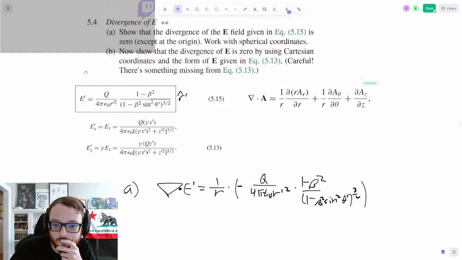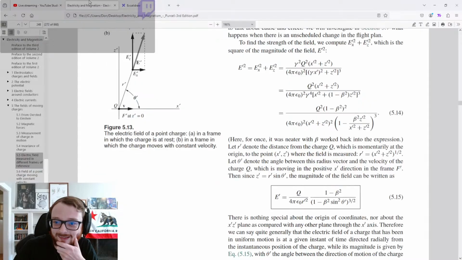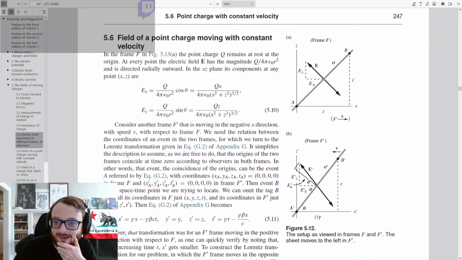Just field E. So would we have to somehow decompose this? I don't know how you decompose into spherical coordinates. Isn't this magnitude just in the radial direction? Oh, that's true. This is again, what, Cartesian? Not Cartesian, it's the other one, cylindrical. Do we have a true spherical formula in the appendix?